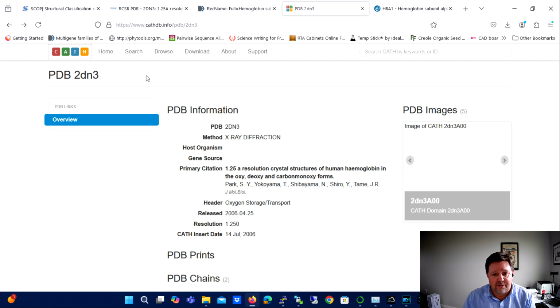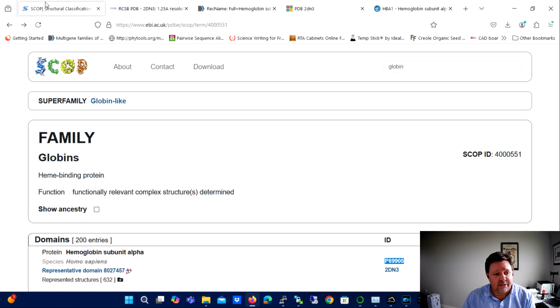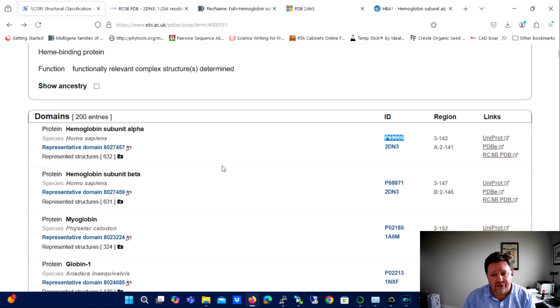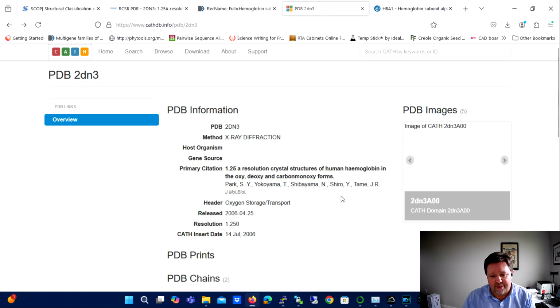So that's the most focused classification in the CATH database, but it tries to do this algorithmically. So in this case, I have the same structure, 2DN3, pulled up here in the CATH database, that was the first structure or the first domain in the SCOPe database. So a lot of the same domains are in both databases.